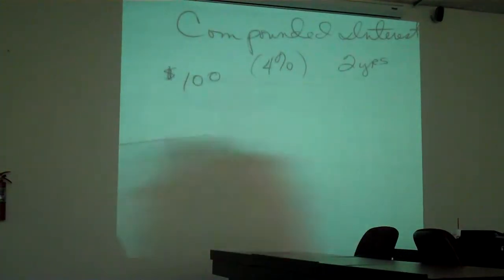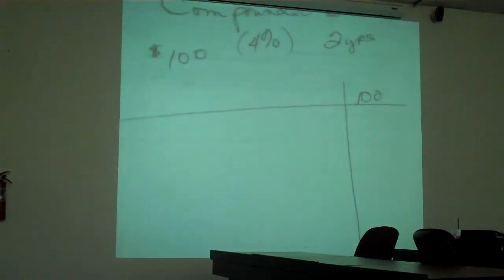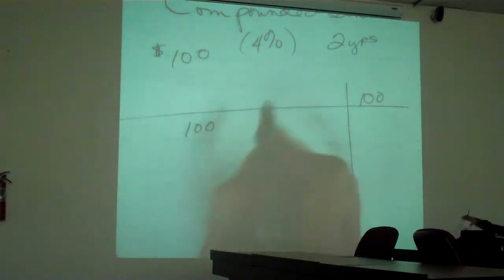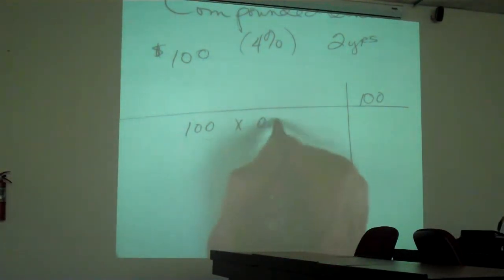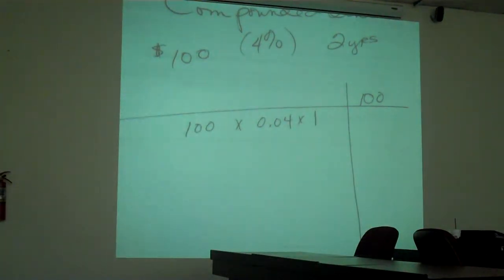Okay, if you looked at it in your ledger, you start out, you put $100 in there, right? If you were getting it every year, the first year you'd get $100 times your 4% for 1 year. 4% of $100 is $4, right?